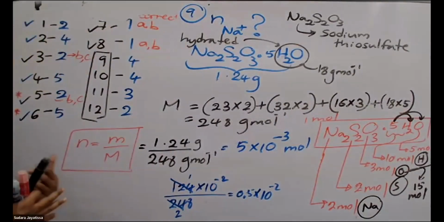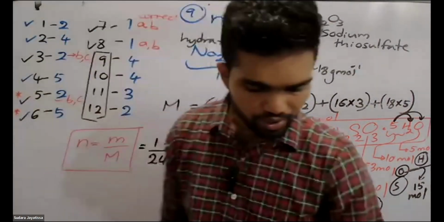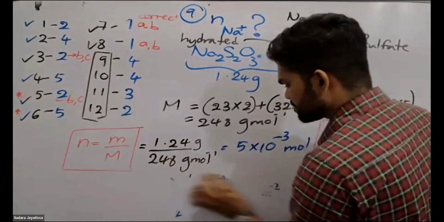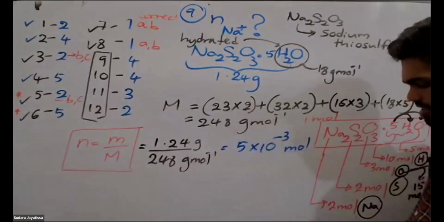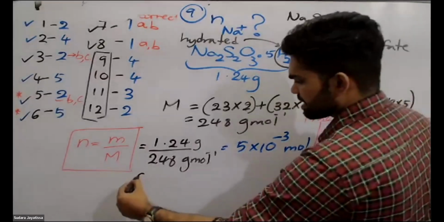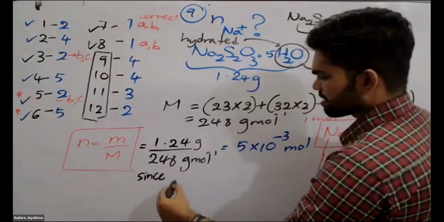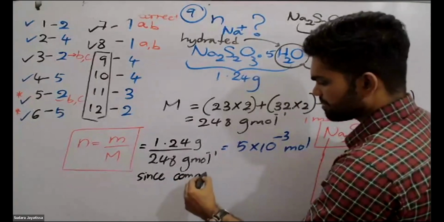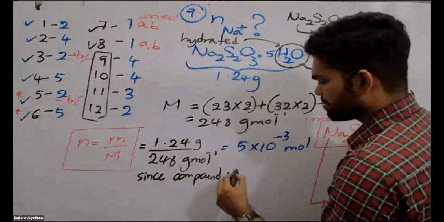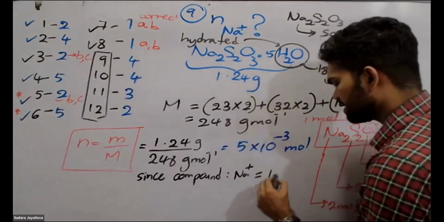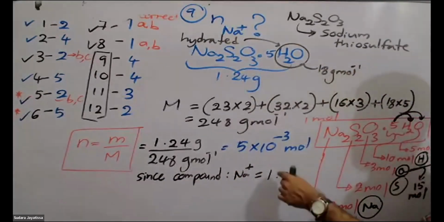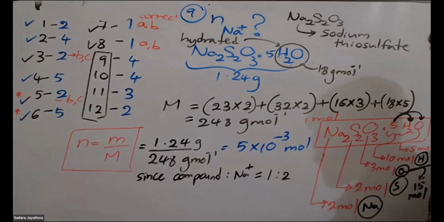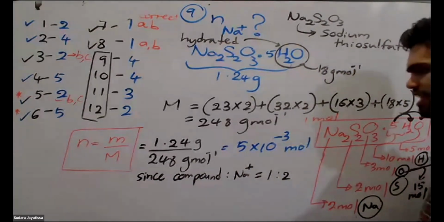Now we found the actual number of moles of this compound. Therefore, we can say, since the compound to sodium ion ratio is 1:2, because in each compound you have 2 moles of sodium ions, try to understand that.